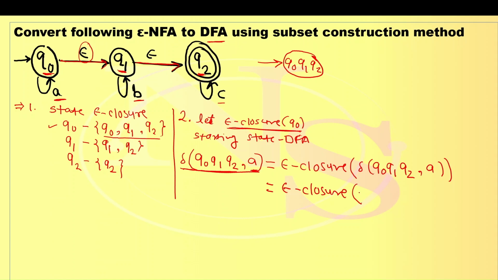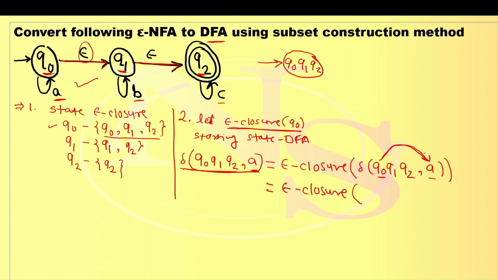Then delta of Q0, Q1, Q2. Here we are going to find out the new state, the new subset for the required DFA. But for that we will be referring to the existing given epsilon NFA. So Q0, Q1, Q2 on A. It means Q0 reading A, where is it going? Check the existing epsilon NFA.